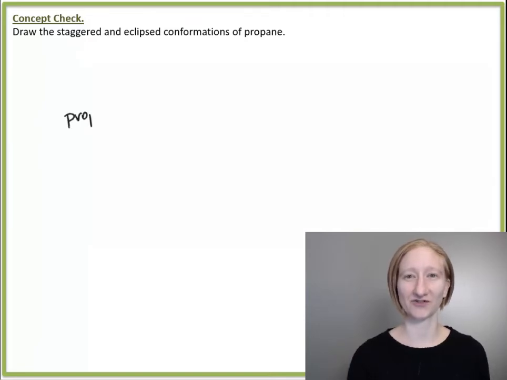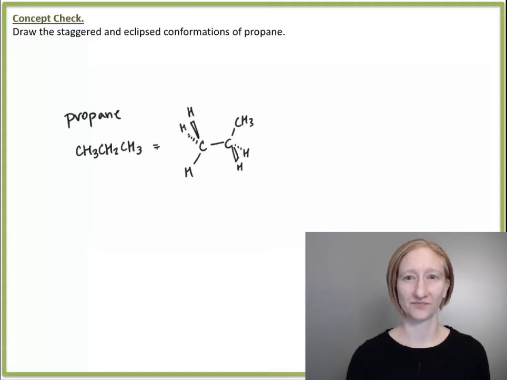I'll always start by drawing out the structure using dashes and wedges. So here I'll do that first. I'm going to look down the carbon-1, carbon-2 bond. So I'll draw the carbon-1, carbon-2 bond horizontally.